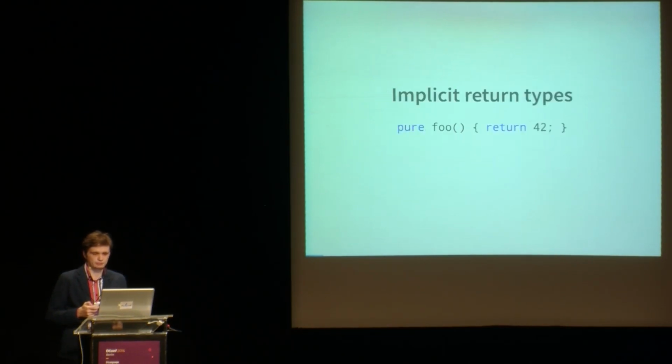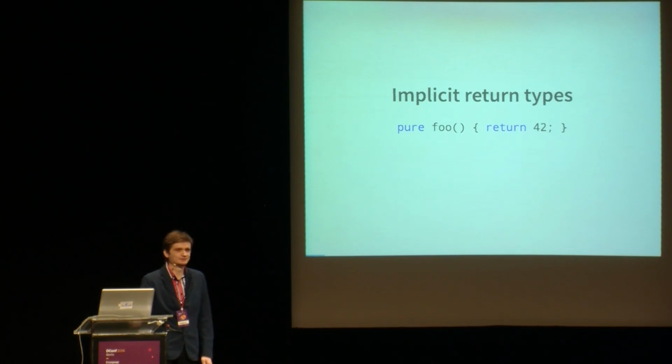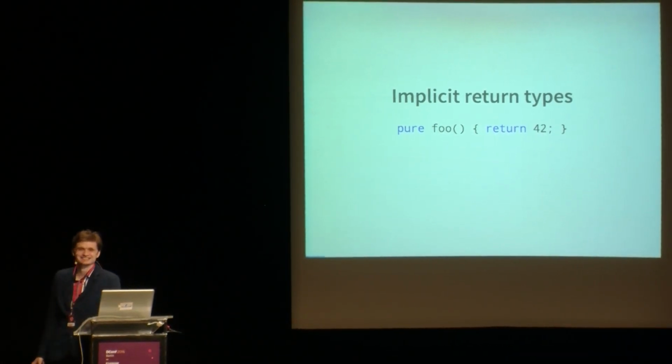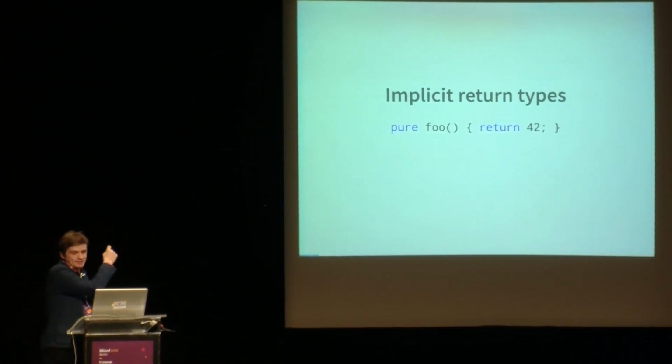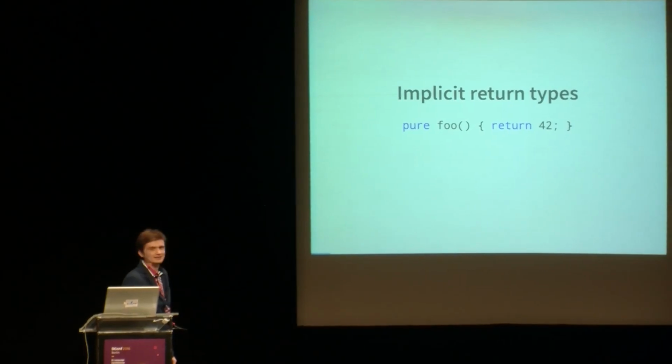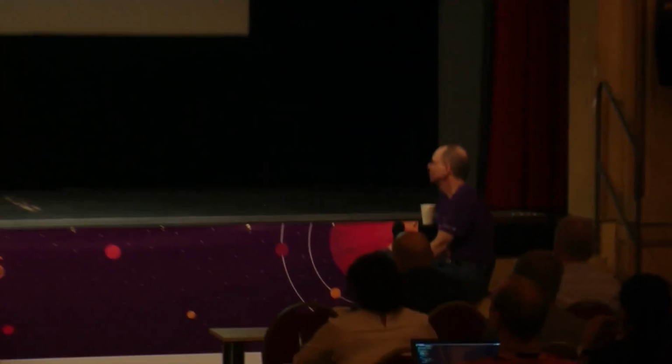Next question. Too bad the blur is not working, but what's going on here? Who knows? Feature. Yes, well, what does this function return? Int. Where does it say that?